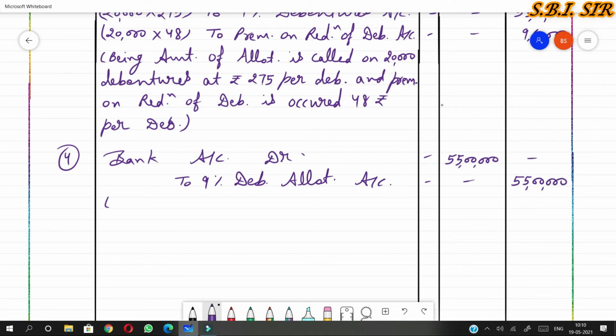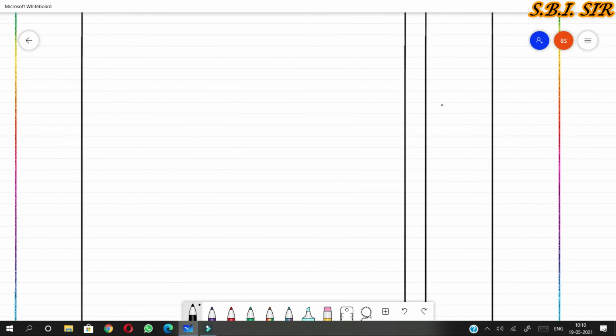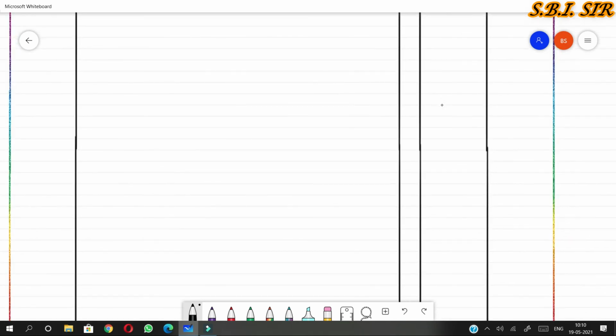Narration being: amount of allotment is received. And students, here no need to make total. Then our sum number 19 is completed.